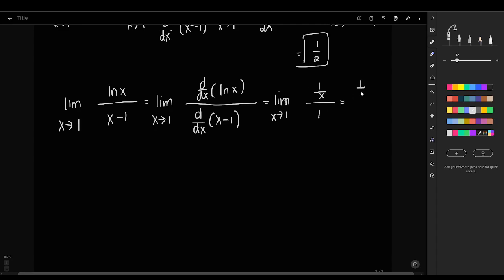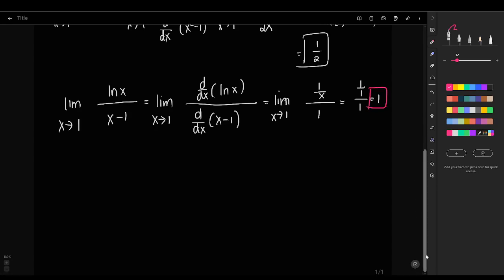This is 1 over 1 all over 1, and so this is equivalent to 1, right? So the value of the limit of ln x all over x minus 1 as your x approaches 1 is equal to 1. Okay, you're happy because you could get the determinate value of the equation, given that you could not really simplify the given equation, right? So, okay, let's have another example.